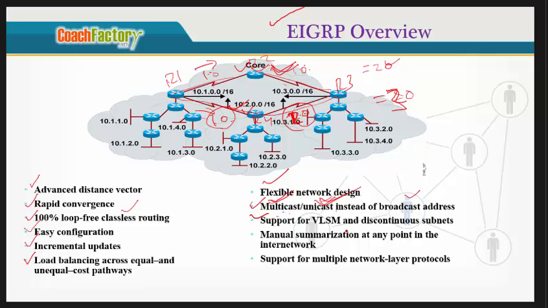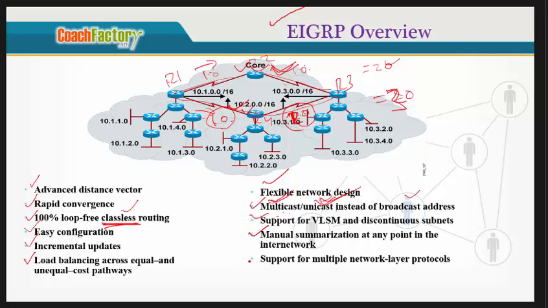EIGRP supports VLSM and discontinuous subnets because, as I discussed here, EIGRP is a classless routing protocol. When it advertises the network, it advertises it along with the subnet mask. So it supports VLSM and discontinuous subnets.